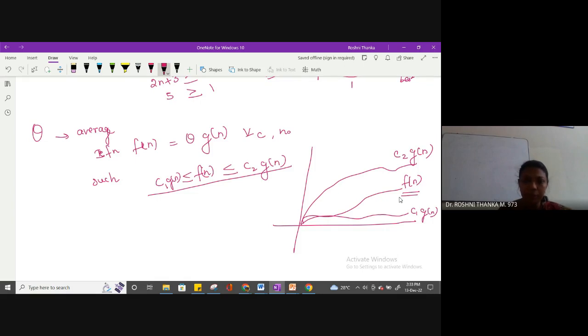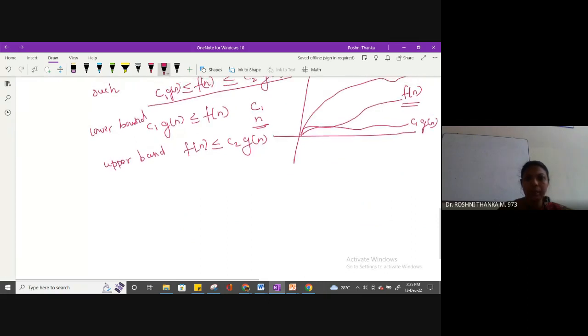So we have to find a value. First, we have to find the value for the lower bound. What is the lower bound? We have to say c1 into g of n less than or equal to f of n. For this, we have to find the c1 and n for which the condition is true, and then we have to find the value for the upper bound. What is the upper bound? Our f of n function should be less than or equal to c2 into g of n.